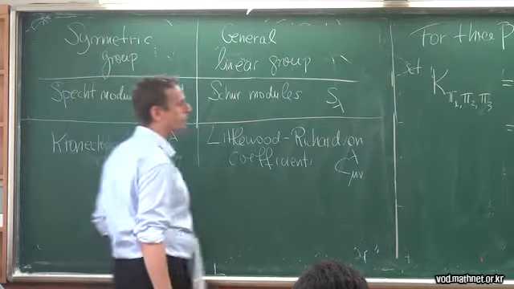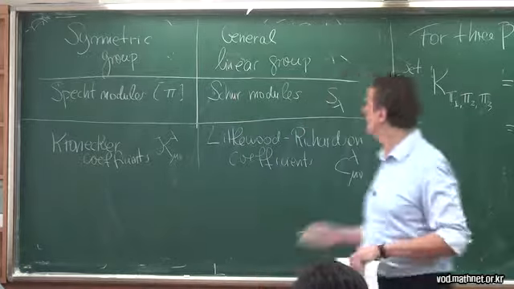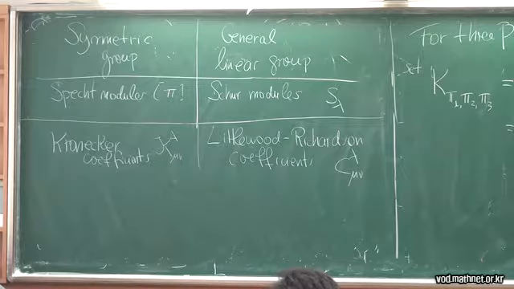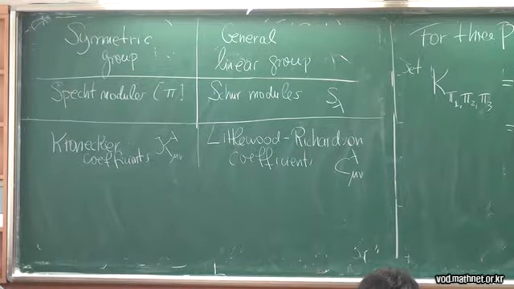They also depend on three partitions, but sometimes they're also written like this. So the Littlewood-Richardson coefficients are the structure constants for the general linear group. The Kronecker coefficients are the structure constants for the symmetric group. Let's talk about the latter. Frank Bahn can tell you all about the Littlewood-Richardson coefficients. I'm going to tell you now about the Kronecker coefficients for the symmetric group.